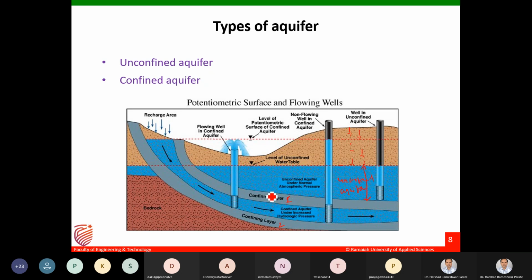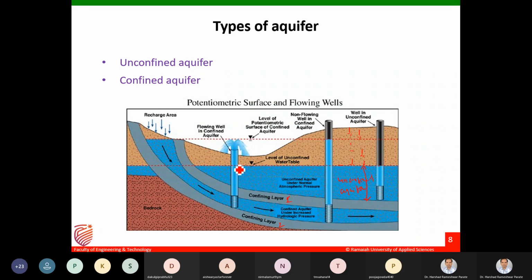So in this one, if we just consider here, when you drill a well here, what happens? The water in the confined aquifer is always at a higher pressure. Since it is confined between the two layers and it is completely filled, pressure gets developed inside, and the water is at a higher pressure than the atmospheric pressure.